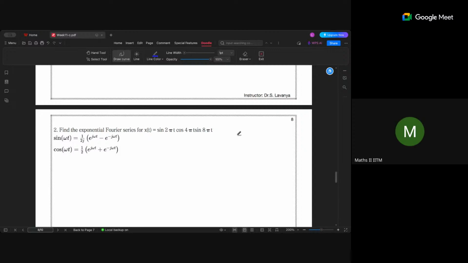That's all. But what is the first step? Apply this formula and tell me what is the first step. x(t) is equal to, apply the first formula.